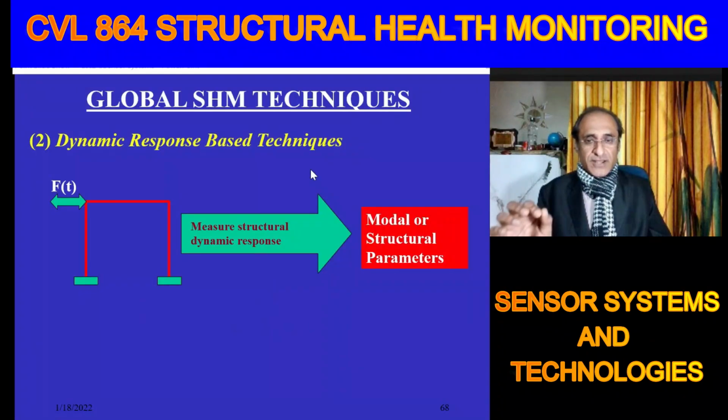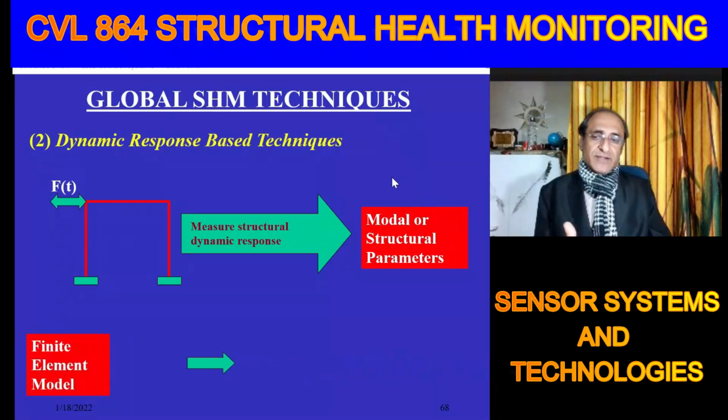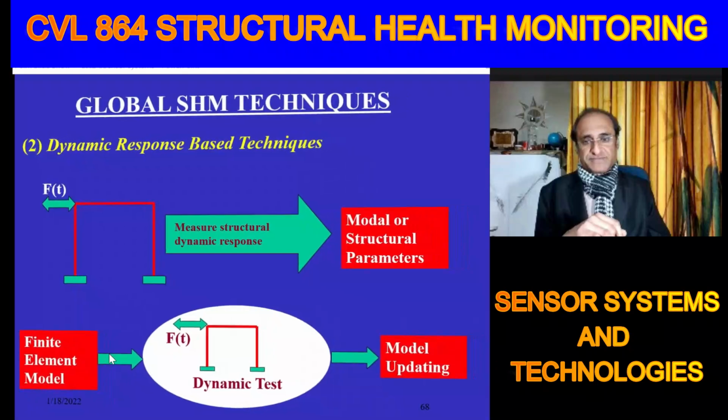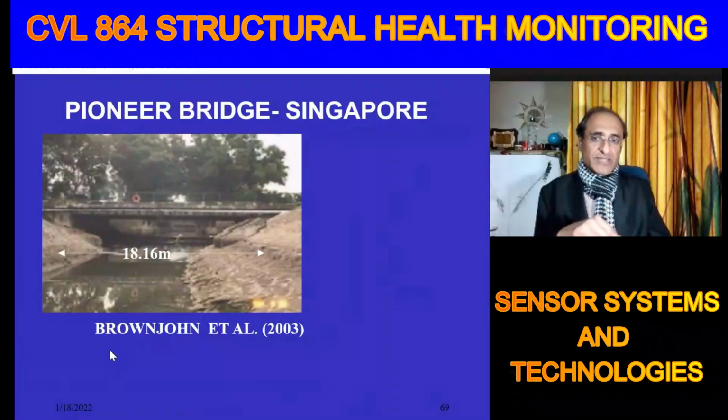So this is a very practical solution: by a small dynamic force we can make a structure vibrate and try to get its model and structural parameters. Or alternatively, we start with a finite element model, do some dynamic test on the structure, and then do model updating. Model updating means fine tuning your finite element model so that its prediction matches the test you are doing.